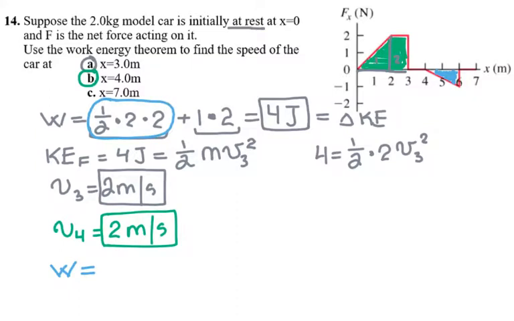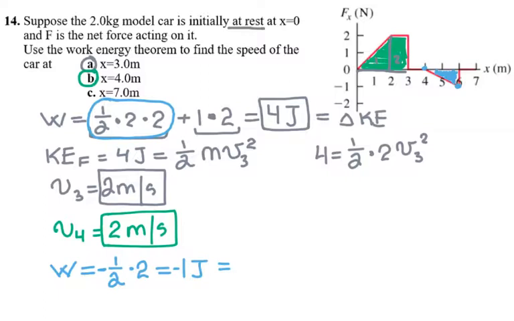I'm going to use average force times the distance, and because it starts with the force of 0 and ends up with the force of -1, average force is 1/2 and the base is 2. So that is 1 joule of energy, and it's negative, right? And if you look at this triangle, the area of that triangle is 1.